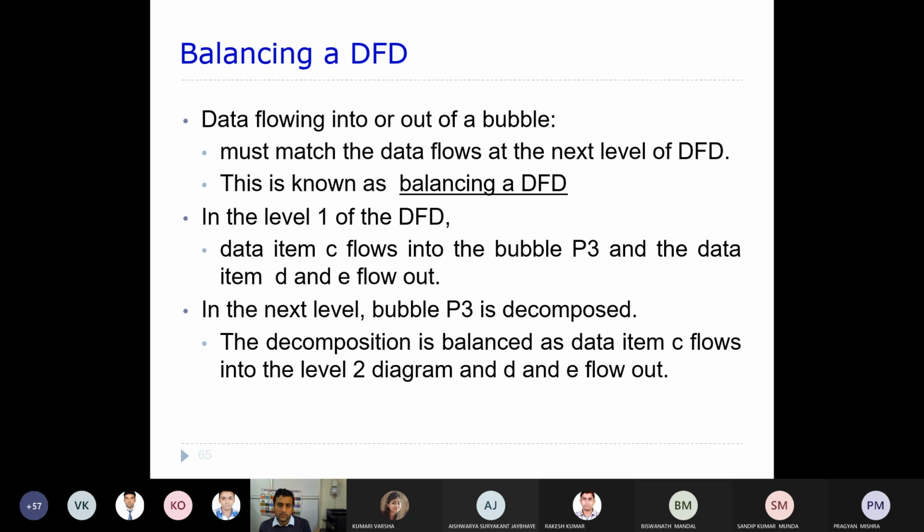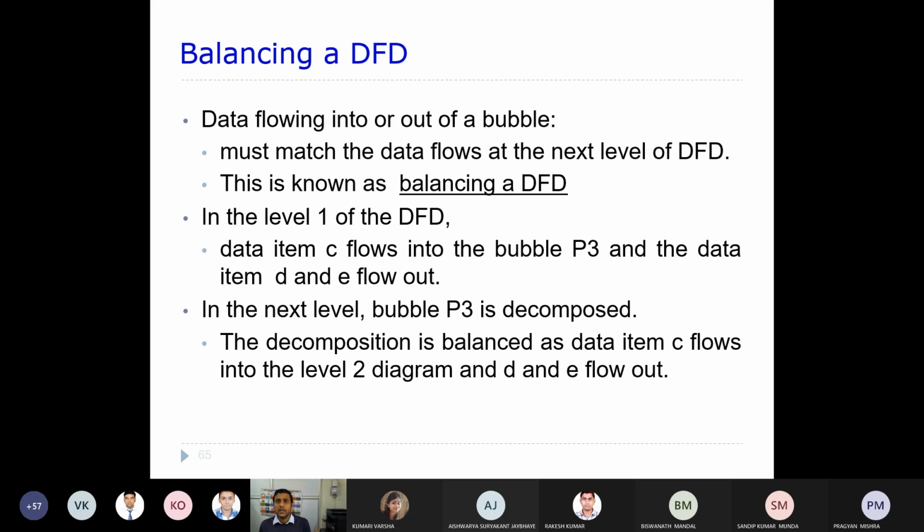Let's say you have a bubble at level 0. That bubble takes how many inputs? Let's say 2 inputs, and gives 2 outputs. So at level 0, you have 2 inputs and 2 outputs going from the bubble. Now in level 1, that bubble is decomposed into 4 bubbles.